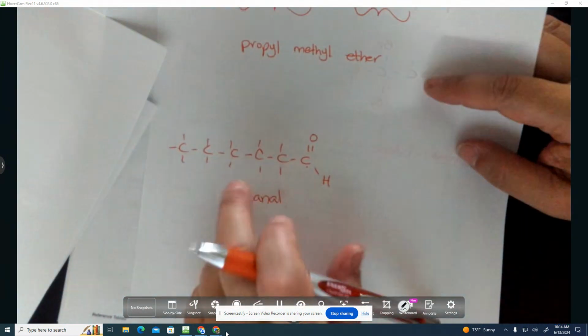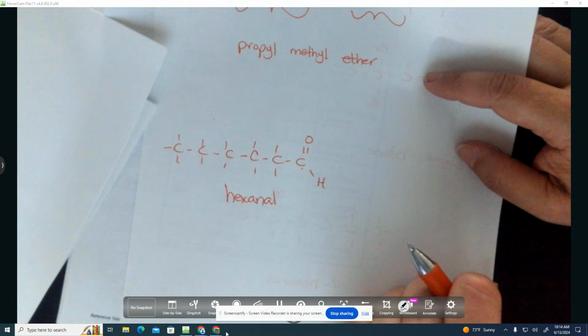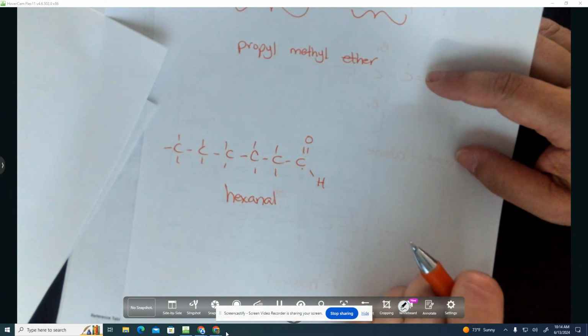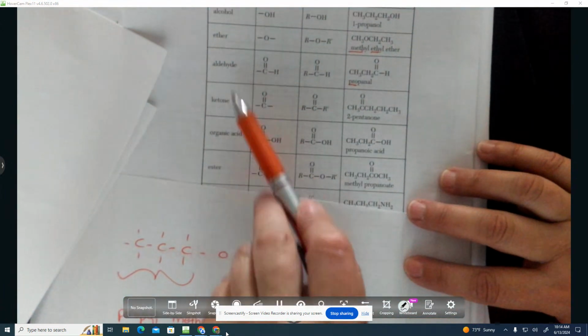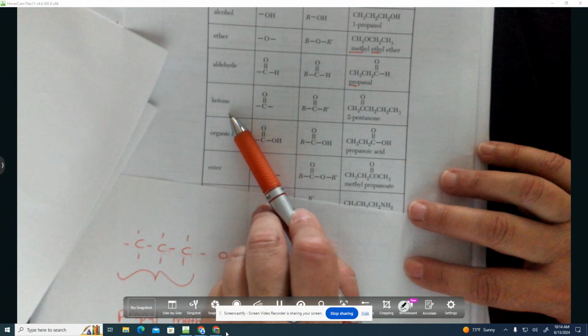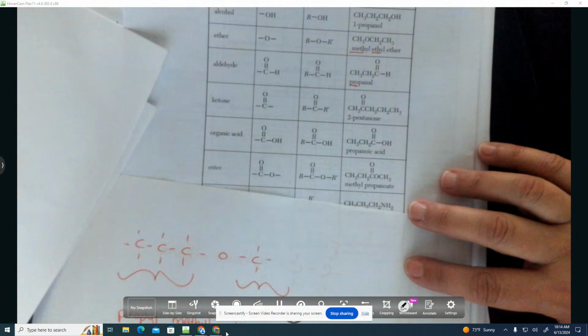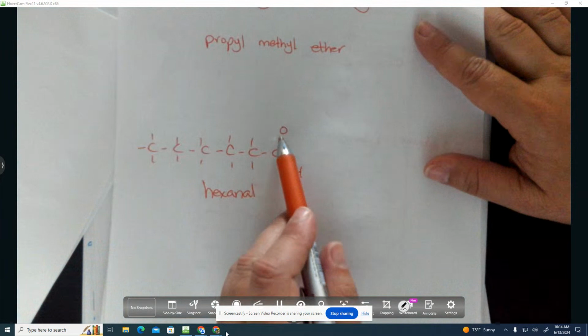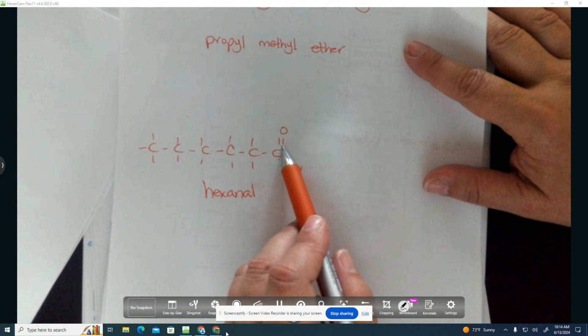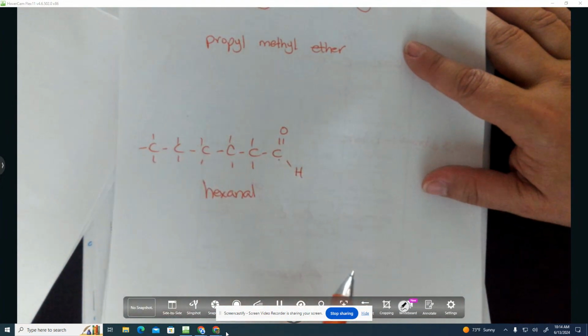Can I draw an isomer of hexanal? Yes. How can I do that? My reference table is right below it. The aldehyde and the ketone are isomers. I can draw a ketone that has 6 carbons, and I'm going to get an isomer of it. I can take this double bonded O, which is on the last carbon, and move it to the center.